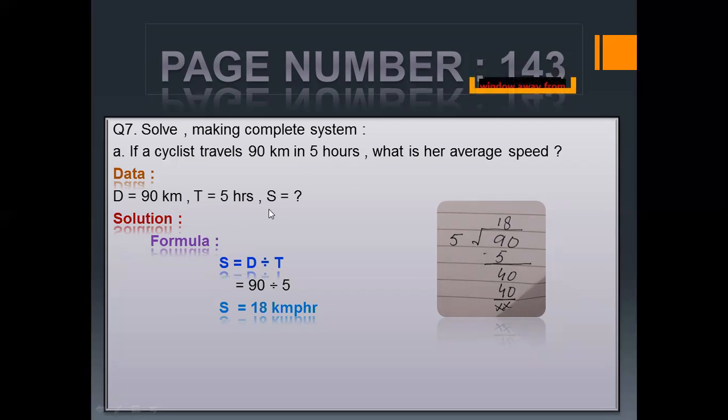It means that speed is unknown. It means we apply here the speed formula which is equal to D divided by T. We divide 90 by 5, 18 kilometer per hour because the unit of speed is kilometer per hour.